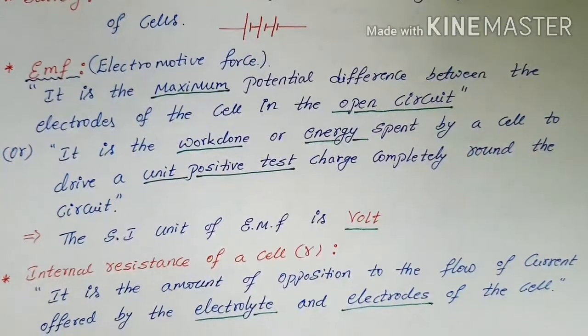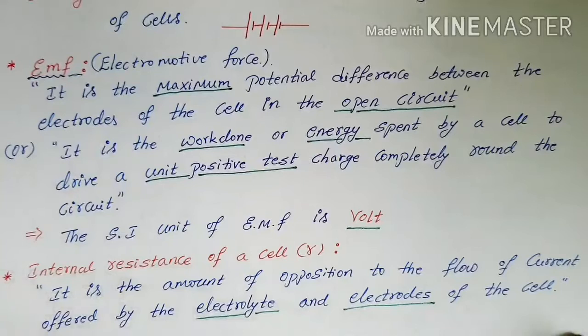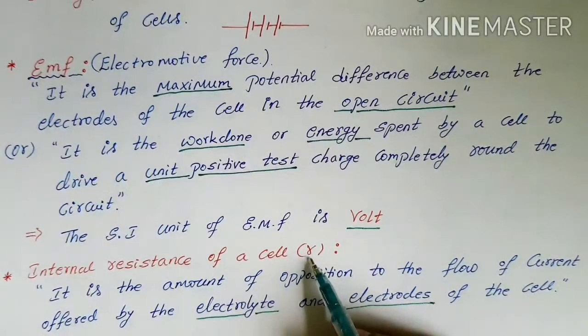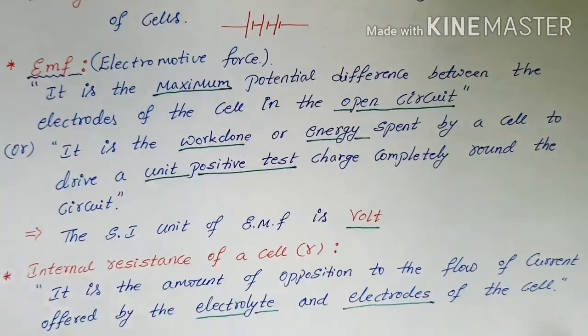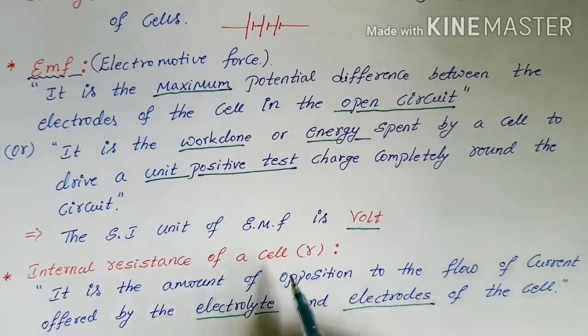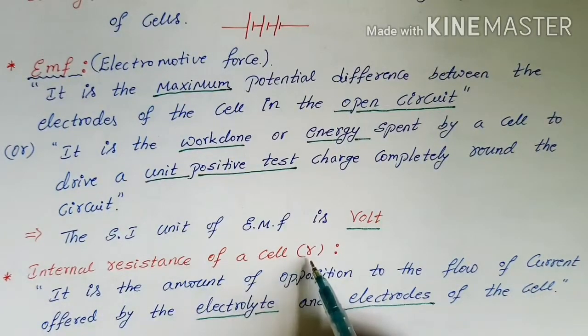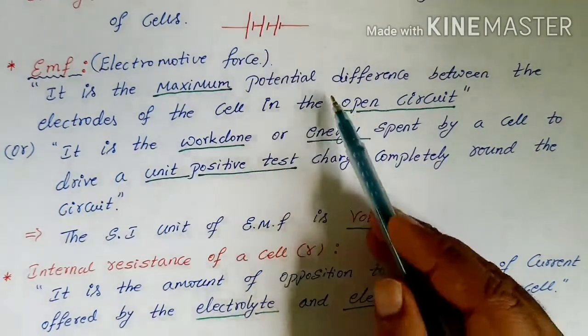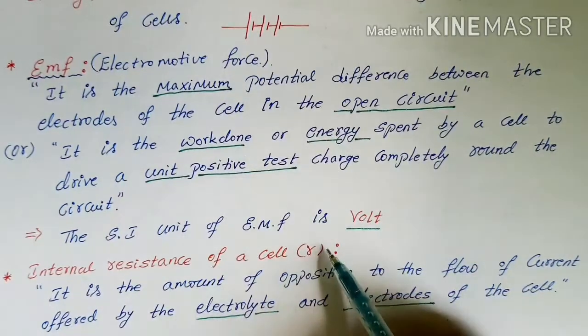Understood? This is called internal resistance, and we mention it with the symbol small r. In this chapter, when we use capital R, it is an external resistance or a resistor, and when we use the small r, we should observe carefully that it is an internal resistance of a cell. The internal resistance and the EMF, these two physical quantities come only across the cell.